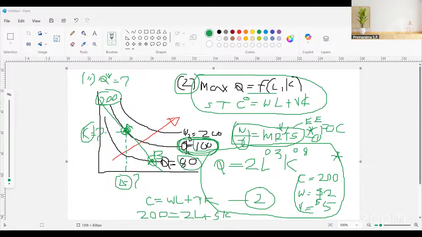If you differentiate the production function with respect to L, and last week I taught you the differentiation rules also, you get the marginal product of labor. Similarly, if you differentiate with respect to K, you get the marginal product of capital.